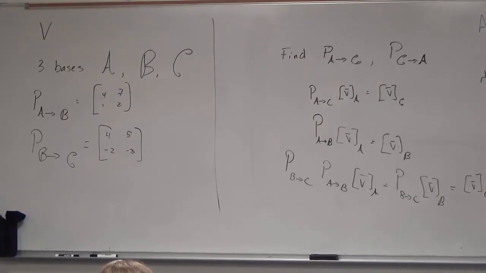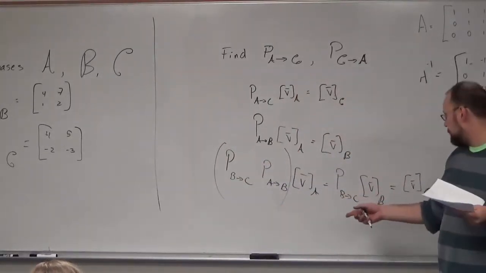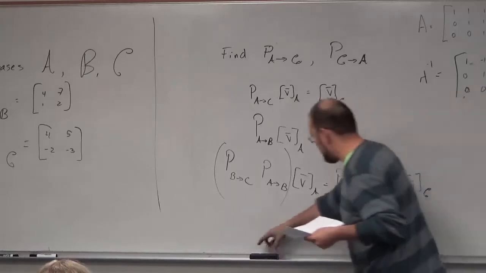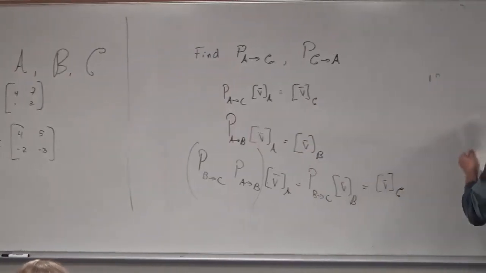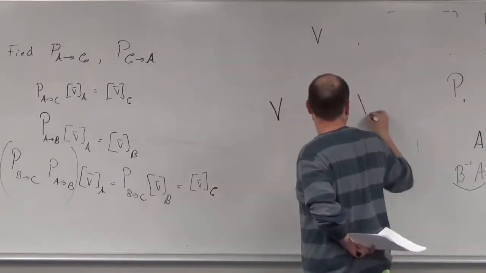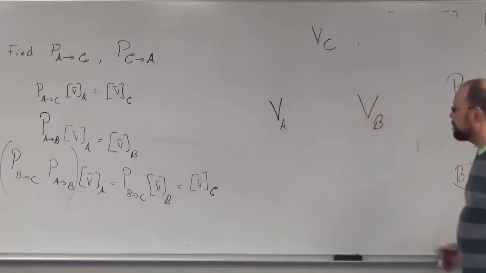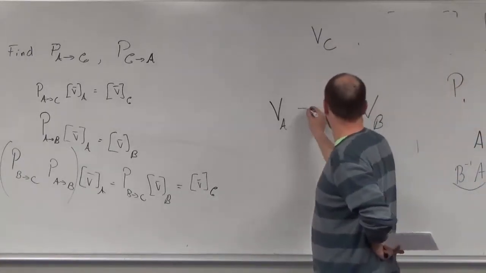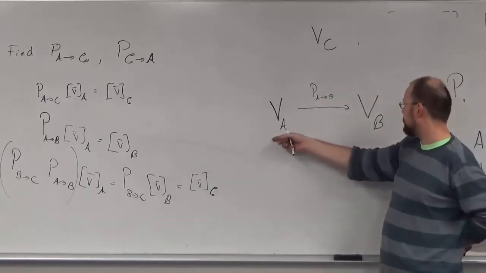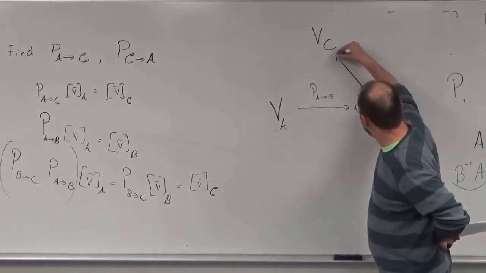So you see that if I compose these two transition matrices, multiply them, I get a transition from A to C. We can think of this visually like a commutative graph, with the vector expressed with respect to basis A, B, and C. The transition matrix A to B does this: coordinate vector with respect to basis A to coordinate vector with respect to basis B. The transition matrix from B to C does this.